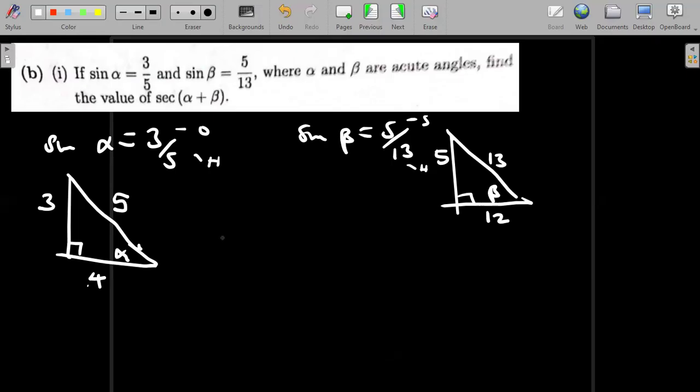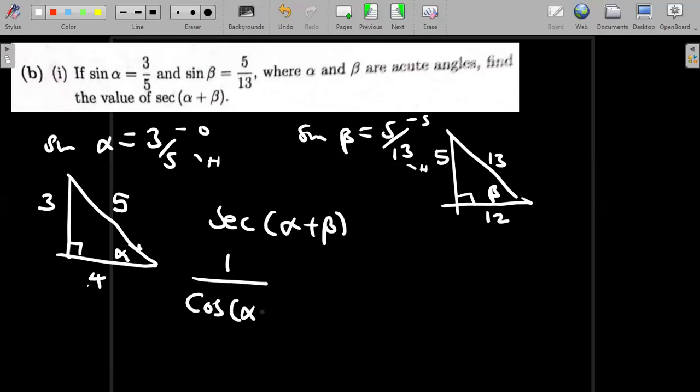They're telling us to find the value of sec of alpha plus beta. We know that the inverse of this is just 1 over cos of alpha plus beta. So we can easily find this one in the bottom.